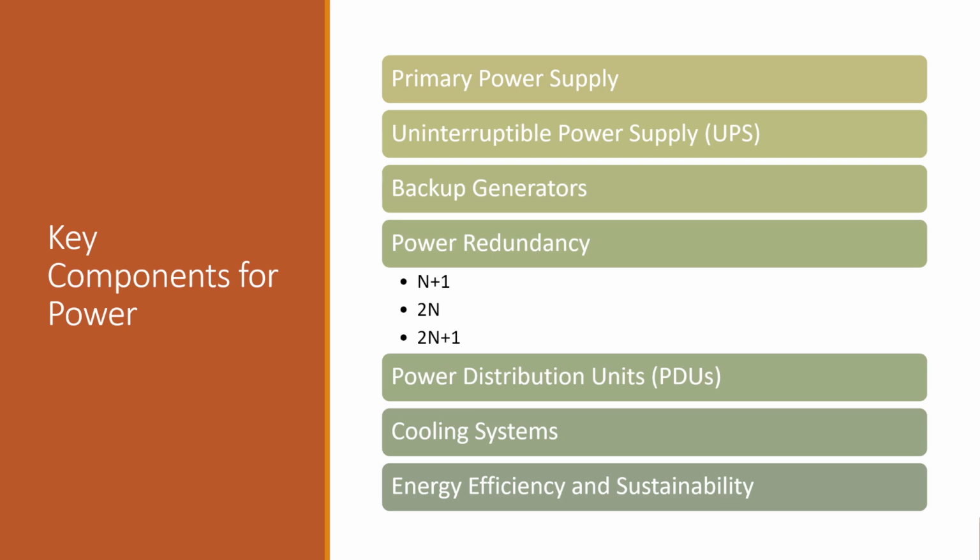A lot of times these will have redundant power supplies, so that in case the power grid does get interrupted, we have more than one grid available to us. Most data centers have at least 3 grids available to them. That way, if one grid goes down, the other 2 can pick up the slack. We'll have UPSs built into our systems. These are just large battery backups to ensure that we have constant power to our servers.